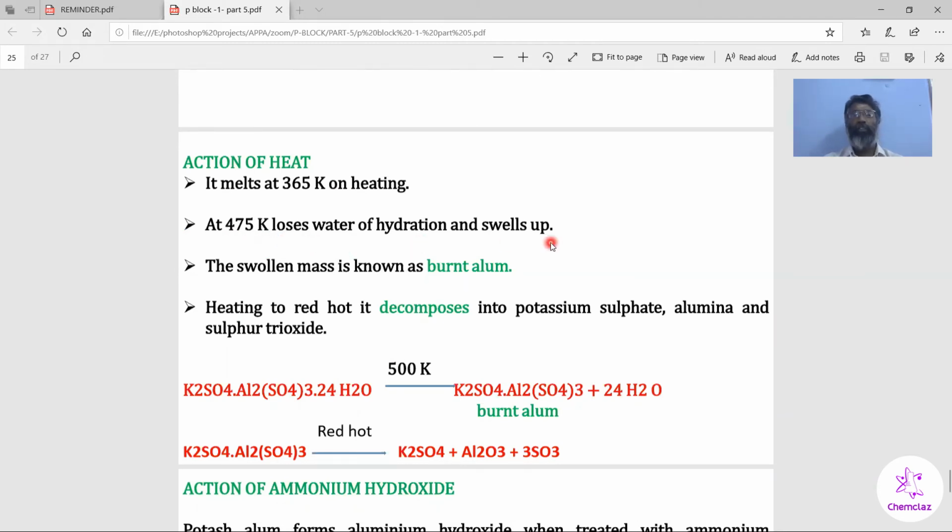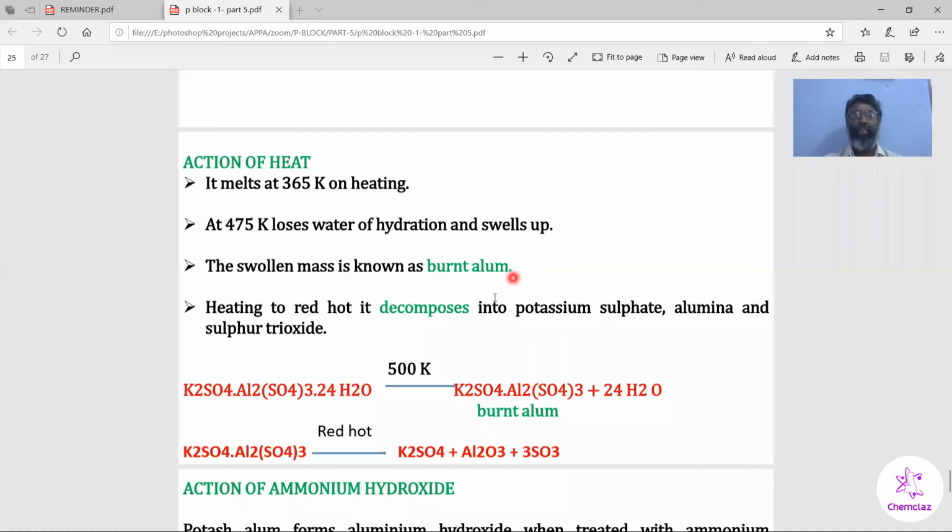A swollen mass is obtained. Why does the mass become swollen? The reason is the water vapor evolved. Due to evaporation of water, the swelling up takes place. The swollen mass is called burnt alum.